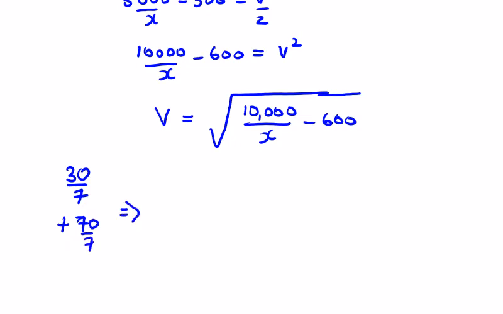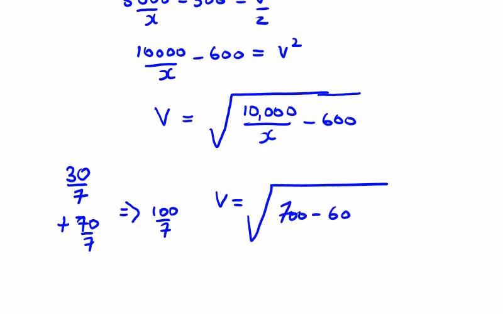So we'd have to put in 100/7. So the velocity is equal to the square root of 10,000 divided by 100, and then it'll be times 7, so that's going to be 700 minus 600, so that's the square root of 100, works out evenly. Square root of 100 is 10 meters per second.